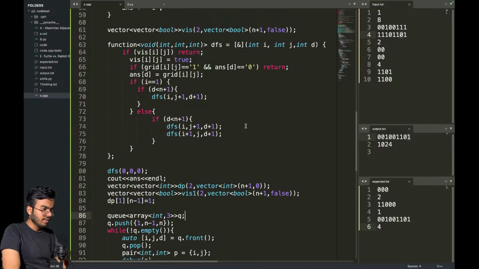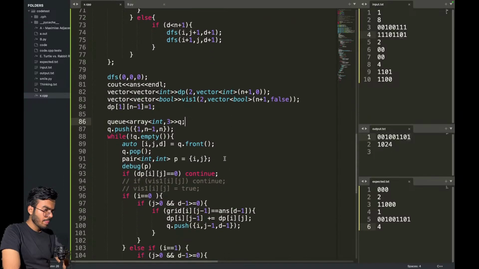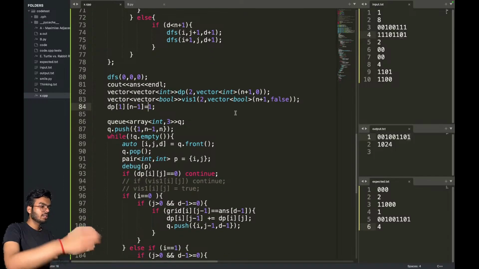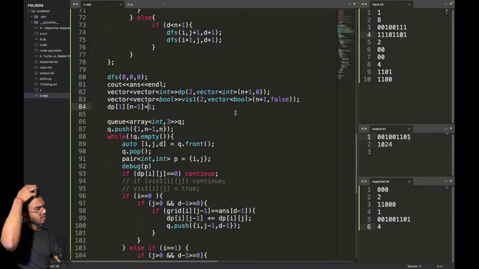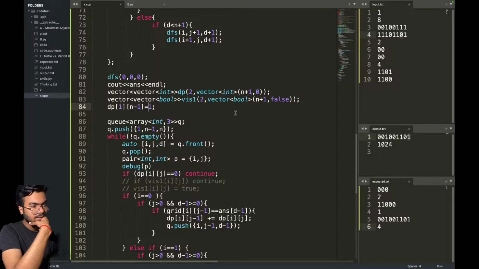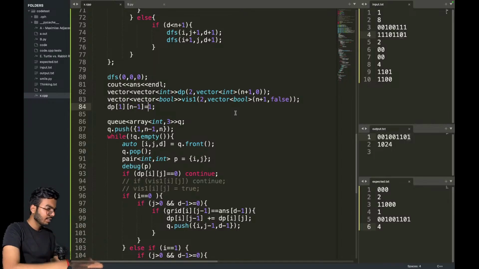But can it happen? So 1 comma n minus 1 is equals to 1. So from 0 it is going like that.